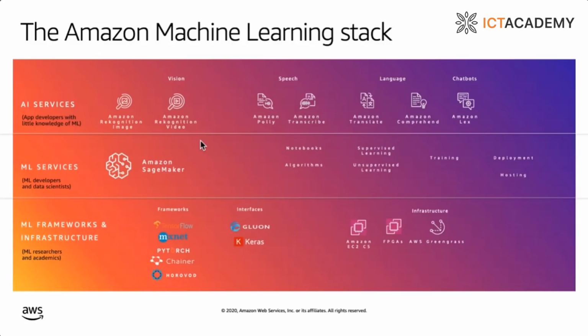Because the Amazon platform is all about choice. Rather than me telling you to pick this and use it, I would give you what you want. If you are a researcher or someone who can roll up the sleeves and wants to do things, you would love this kind of layer, where you can bring your own frameworks like TensorFlow, MXNet, PyTorch, or Chainer, or any one of these frameworks or models, bring your own model, bring your own data set, and do this.